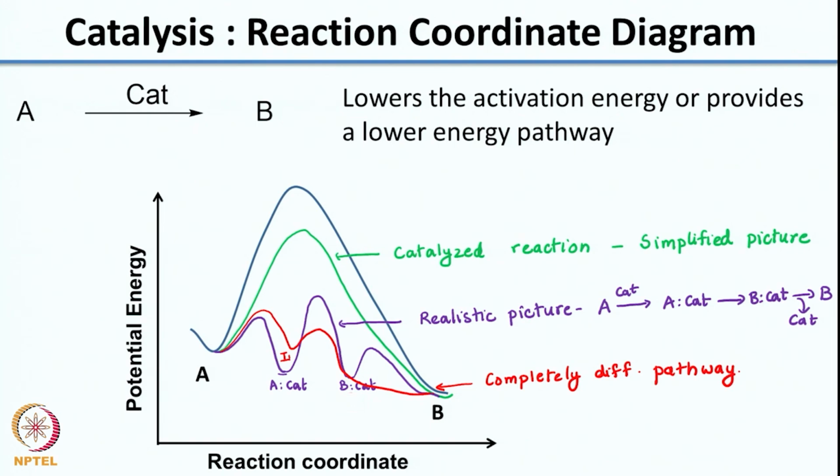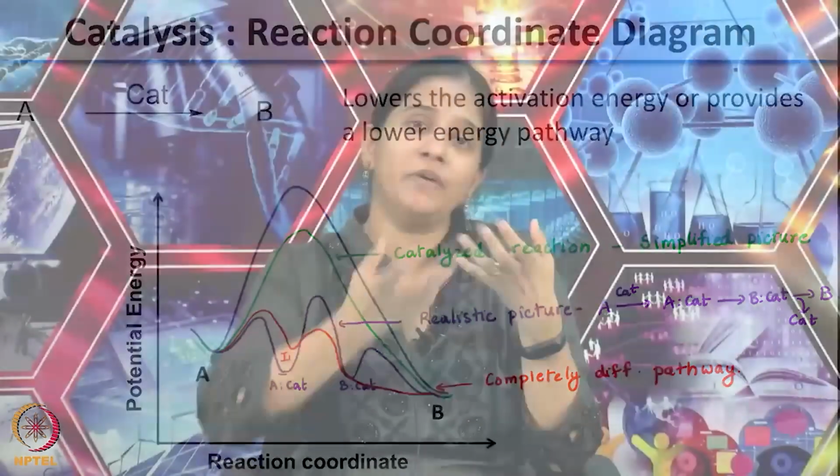So, this is a totally different reaction coordinate. It is not complexing with the reactant, it is probably complexing, but forming a completely different intermediate and using a different pathway to lead to the product. So, these are the multiple possibilities of reactions taking place in the presence of a catalyst.